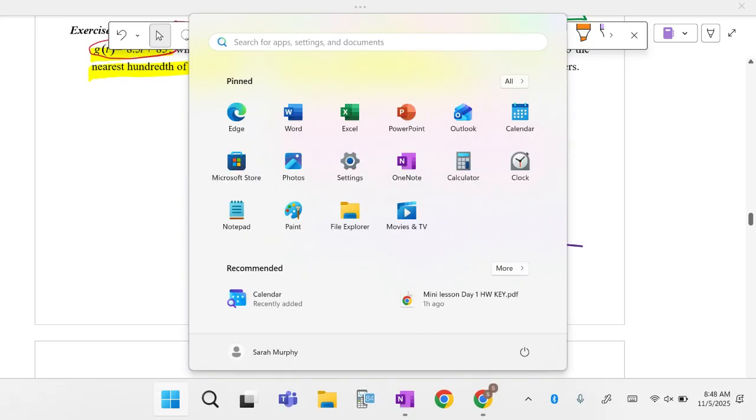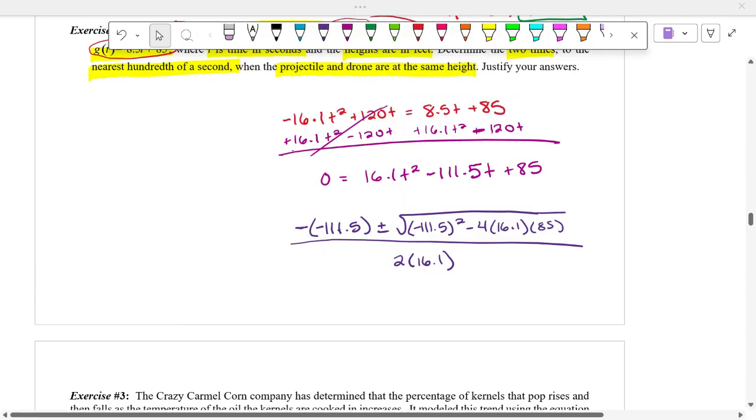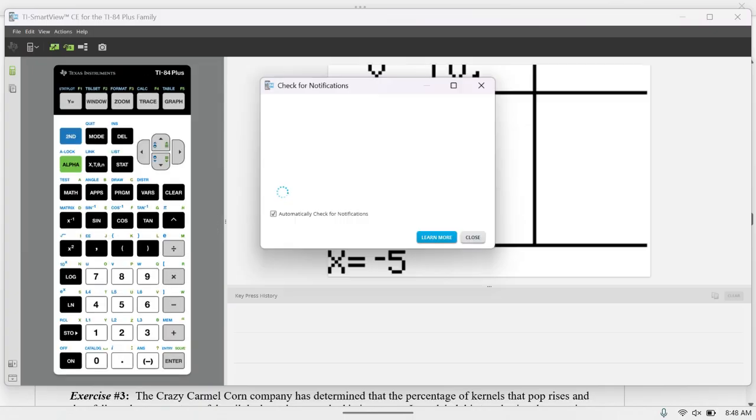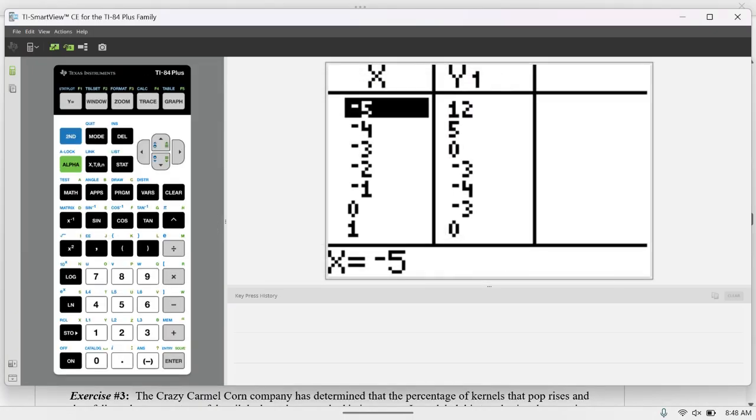There's a lot of stuff to do in the calculator. And again, we want some rounding, so the goal is that we don't want to round until the very end.